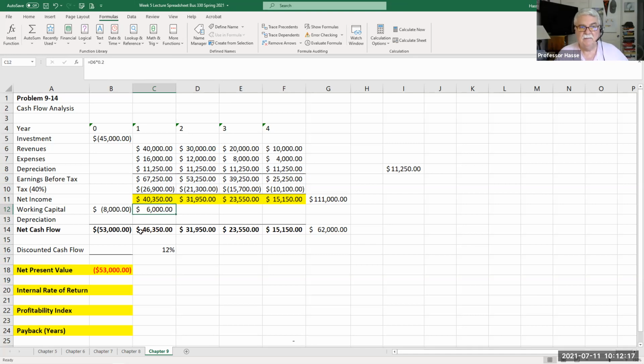Why? Because what it's doing here is it's saying, okay, we're reducing our revenue. But it's not $6,000, it's the delta. In other words, if we take the change in revenue from year 2 to year 3, and I'll put that in the parentheses, equals this minus this. All right, that's $10,000.